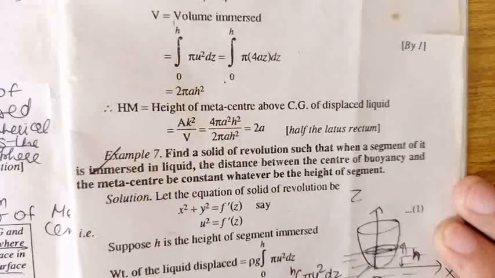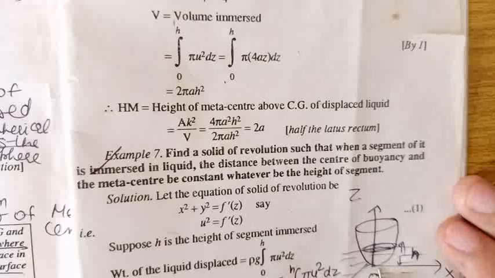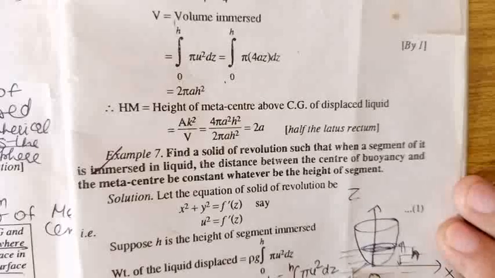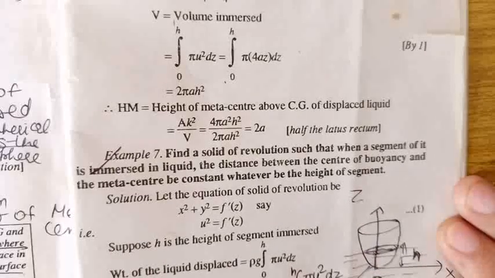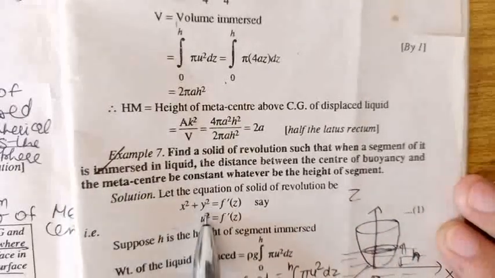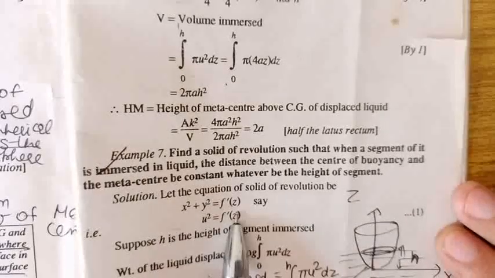Let us take a solid of revolution, and let h be the length of the axis which is immersed in the liquid. Let us take the general equation of the solid of revolution, which is x square plus y square is equal to f dash z.